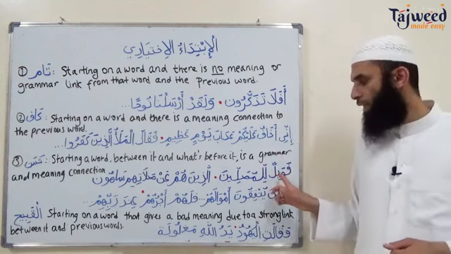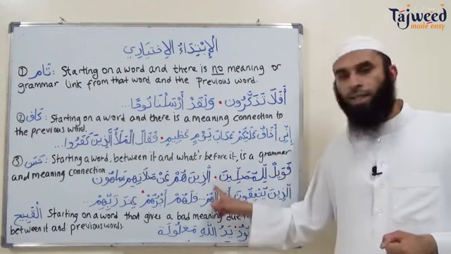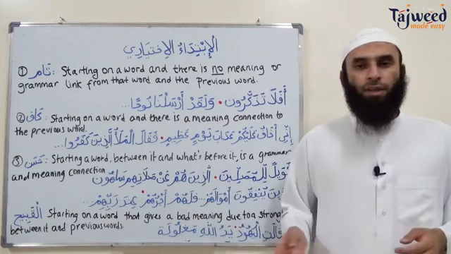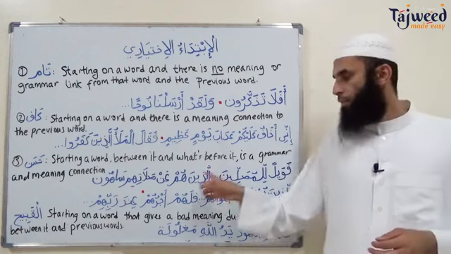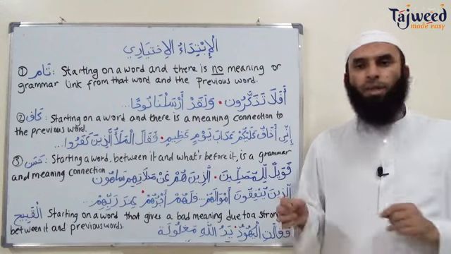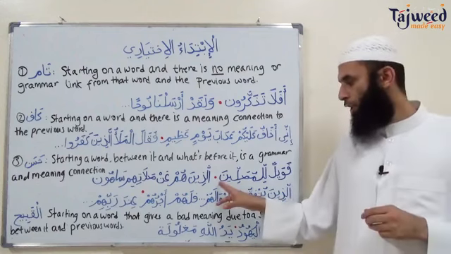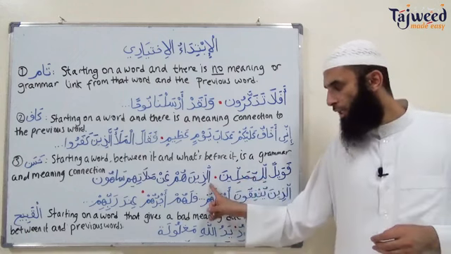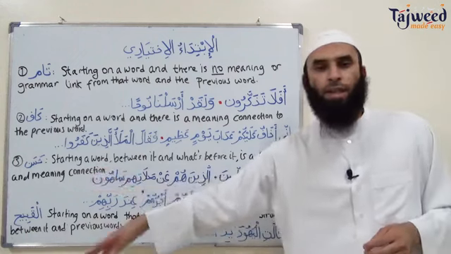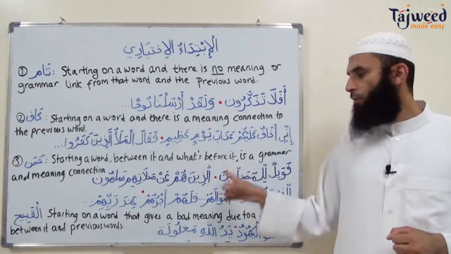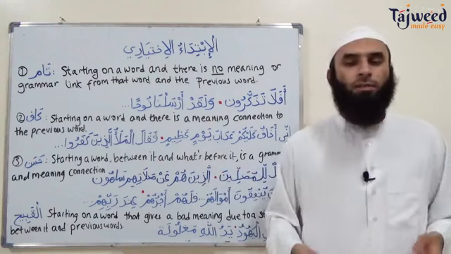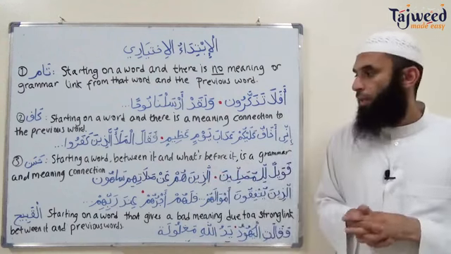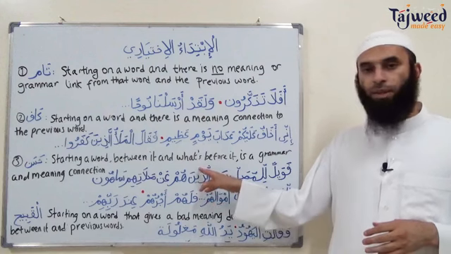But the second type of start, continuing from an ayah after taking a pause, is fine. Because there's a relation in grammar and meaning, you can either stop and continue, or you can join it. So you can say it with a pause, or joined. Both are correct. This is if it's at the beginning of an ayah.